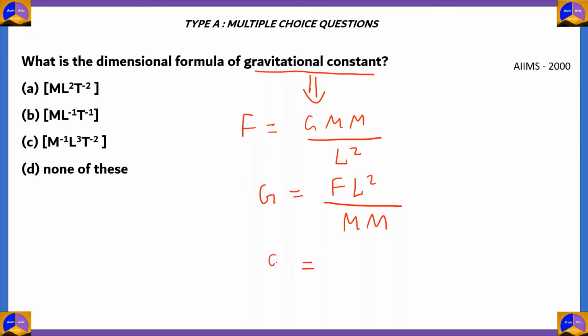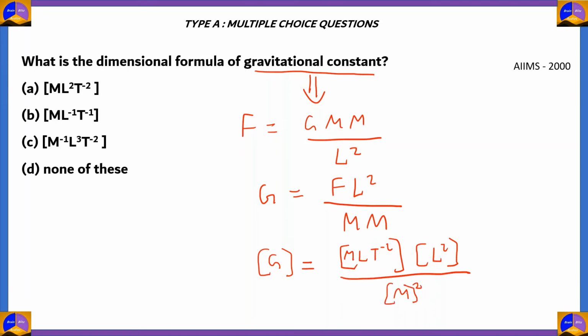So now let's write the dimensional formulae of the components on the right-hand side. So force, it'll be M L T power minus 2, mass times acceleration, and then there's L squared divided by M squared. So in the numerator, what we'll get is M L cube and T raised to minus 2 divided by M squared.